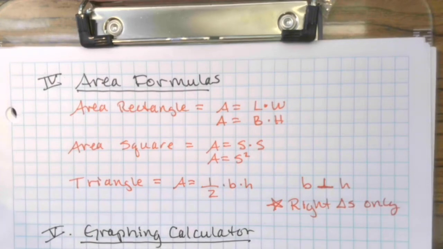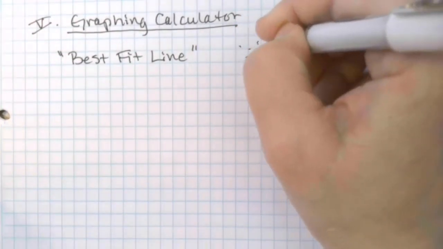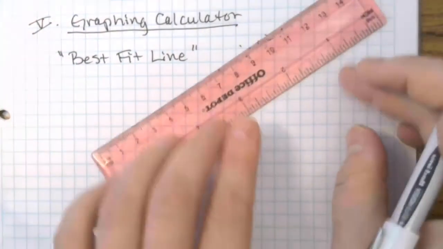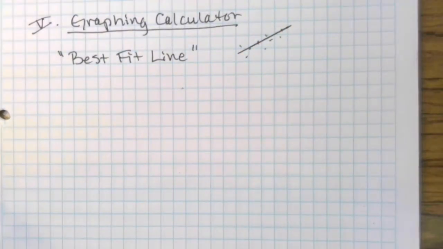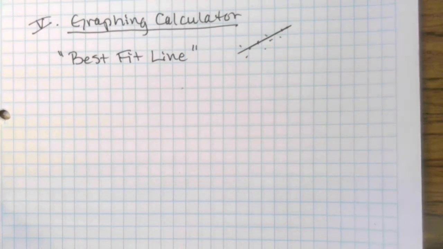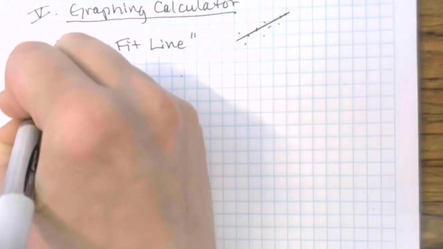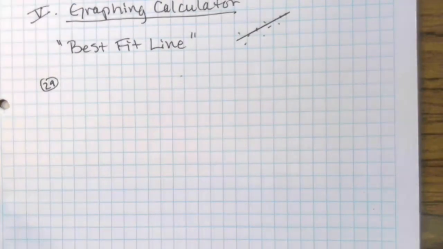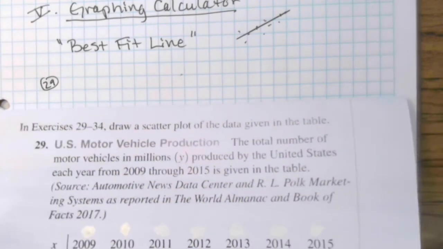Now, before now, when you've done a best fit line, it's typically been where you have a scatter plot, and then you would take your ruler and try to find the best line to represent the data, which actually the human eyeball is pretty accurate, but naturally a graphing calculator would be a little more accurate. So for the purpose of this, we're going to use number 29 from your book, which I will show you. We're going to draw a scatter plot and we're going to do a best fit line.